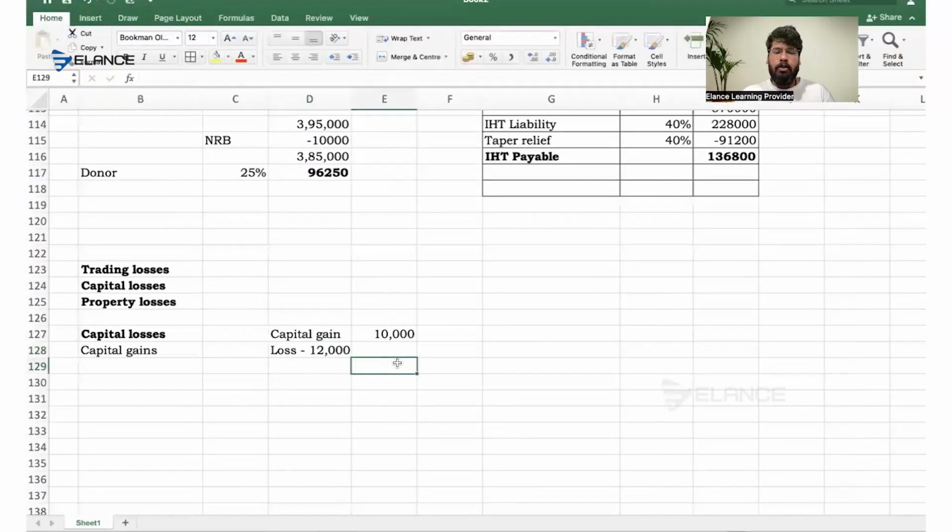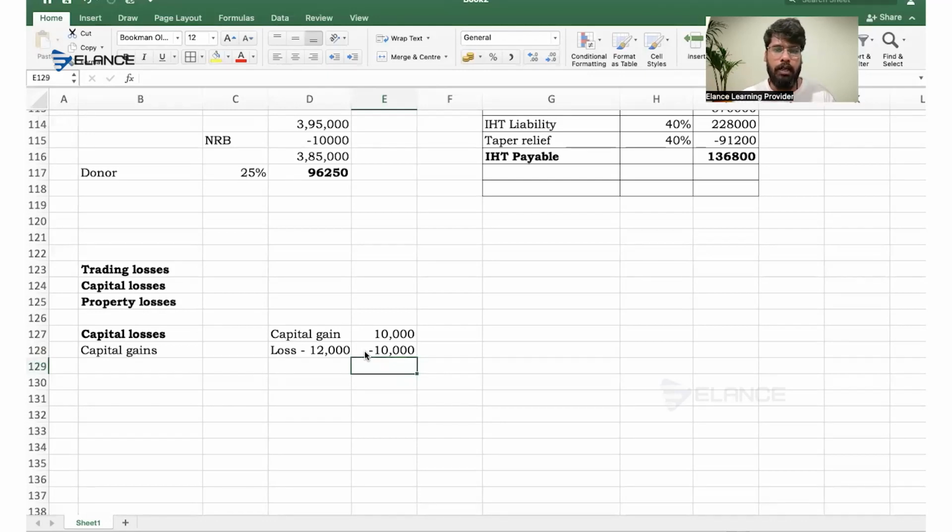Okay, so in a single accounting period, my company has a capital gain of 10,000, and in the same period of account, the loss was 12,000. So I should set off the maximum loss from the current year's gain itself. The whole gain will be covered under the capital loss, so there is no amount remaining in the capital gain.